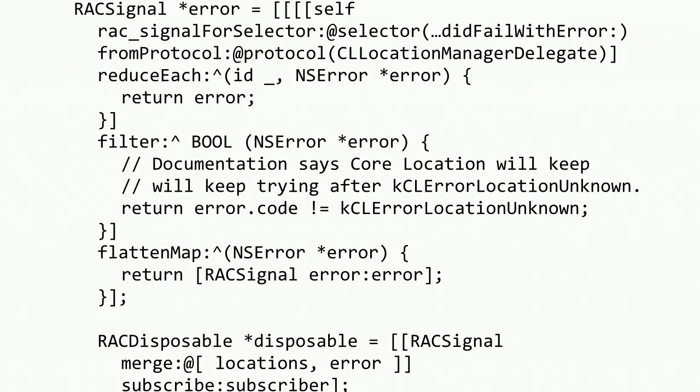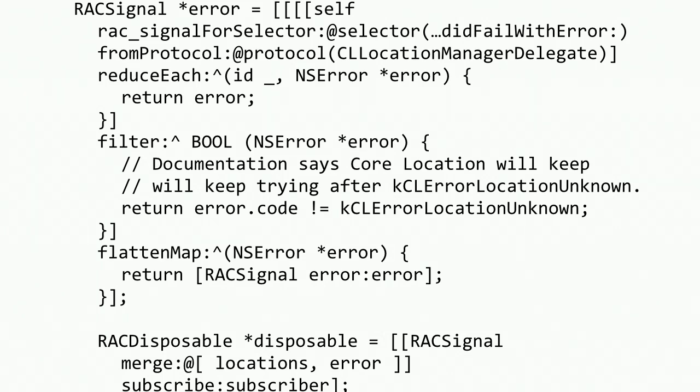Right now, once we've done this reduceEach, we've got a signal of error values, which is different than a signal that sends an error. A signal that sends error values won't cancel or dispose when that error is sent. But if you send error, you will cancel that signal. So according to the documentation, there's a certain type of error here, kCLErrorLocationUnknown, that CoreLocation will keep trying.